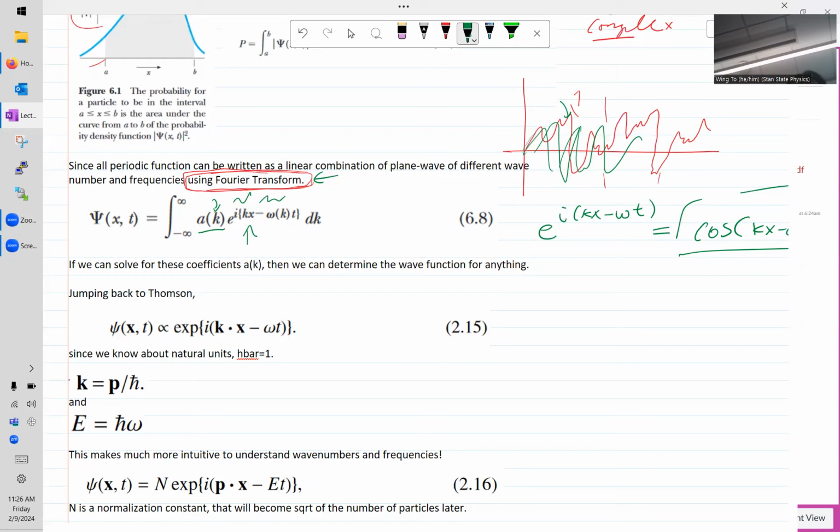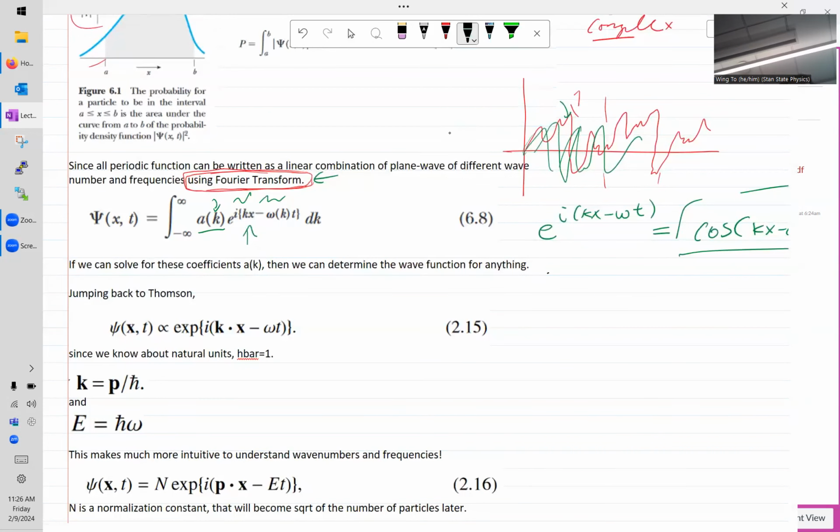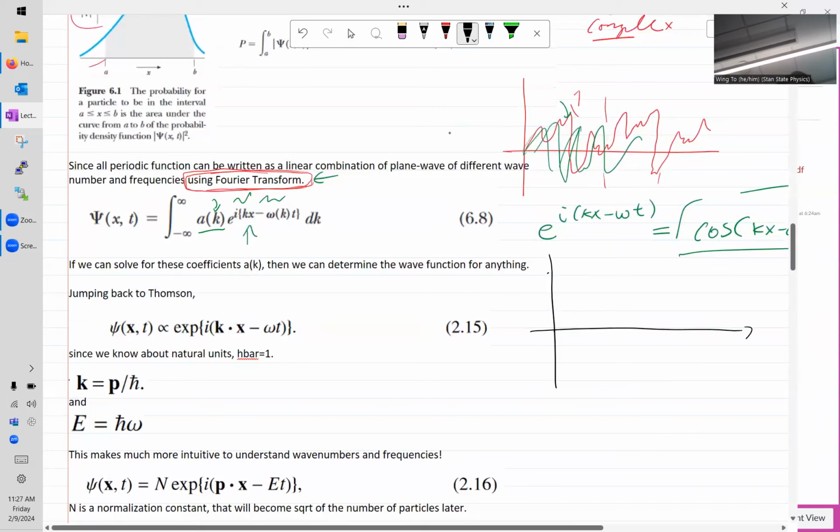Let's do a simple case. I think we kind of did this in the experimental physics class, where I drew some wiggly thing like this.